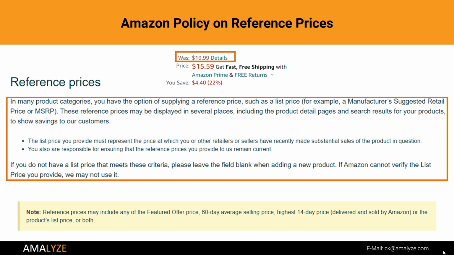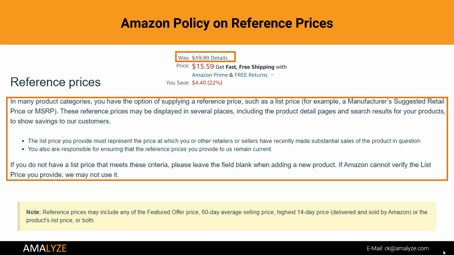If you don't have a list price that meets these criteria, please leave the field blank. When adding a new product, if Amazon cannot verify the list price you provide, we may not use it. And on the other side, the list price you provide must represent the price at which you or other retailers or sellers have recently made substantial sales of the product in question.